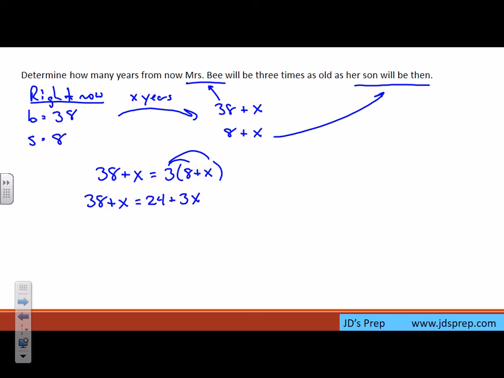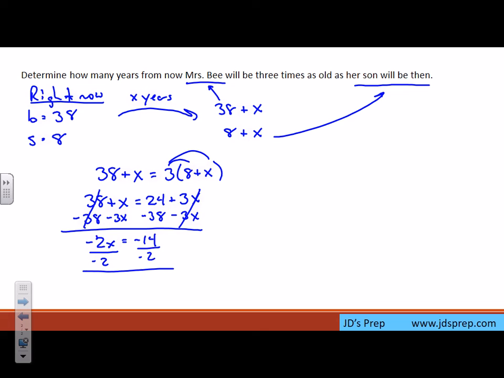And if we again move the variables to the left and the constants to the right, we can subtract the 38 to move that to the right. We can subtract the 3X from both sides to move that to the left. And we'll have the equation negative 2X is equal to negative 14. And then divide by negative 2 to find that the X in this case is going to be a positive 7.